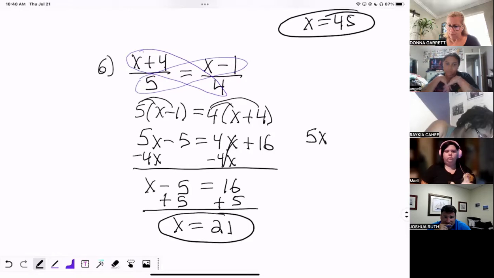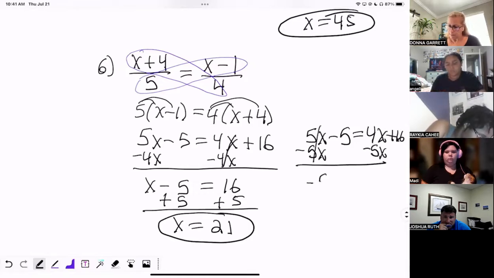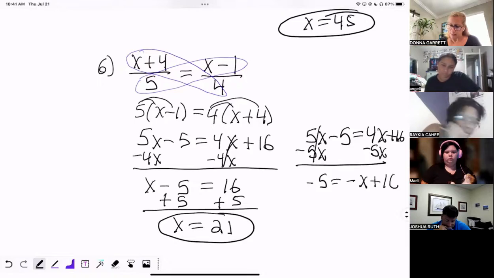Hold on. Equals 16. Okay, so minus 5x, which is nothing wrong with that at all. -5 equals, did you have -x plus 16? Yeah, I have -x plus 16. And you have -5 equals -5.